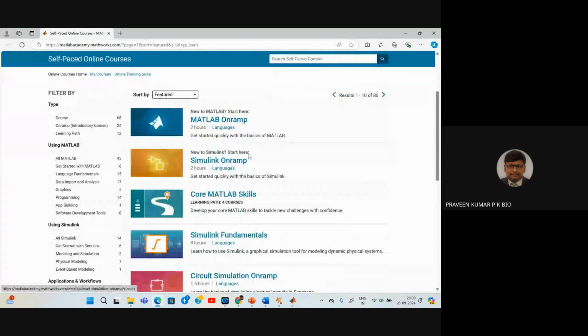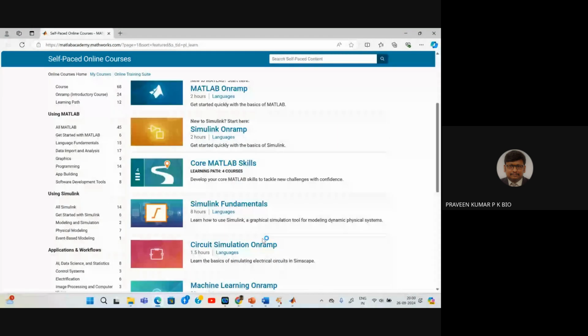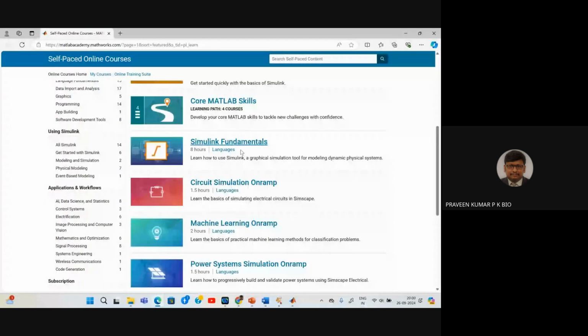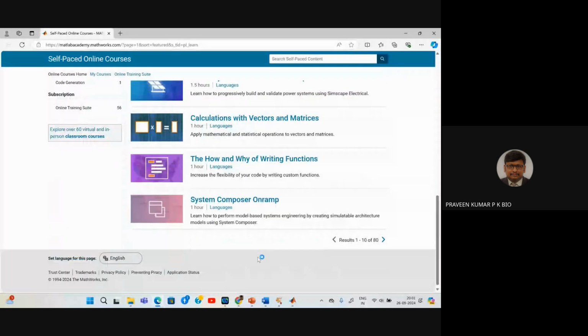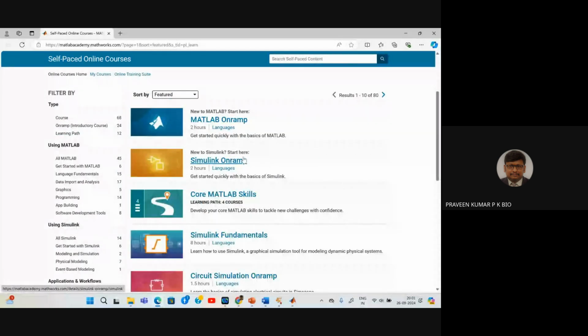Like you find courses in Coursera and edX, there are so many platforms to study courses like this. Here also we have courses for MATLAB. If you have a license of MATLAB, one can go and learn, and you can also secure certificates from MATLAB.